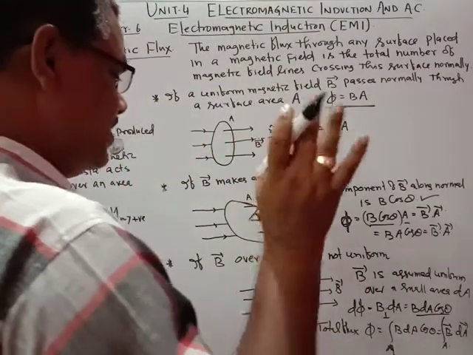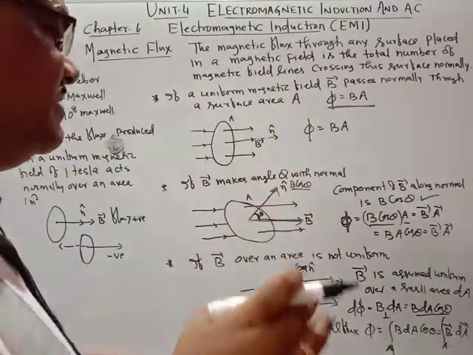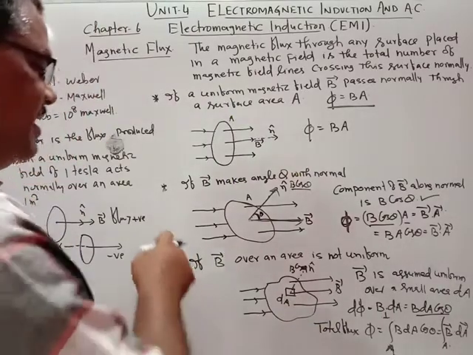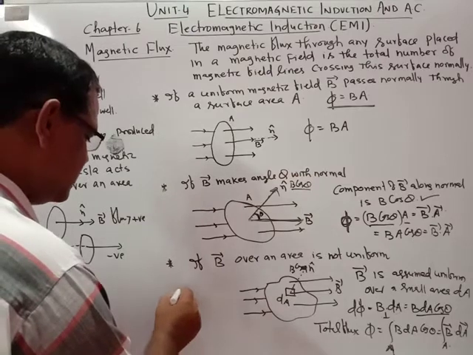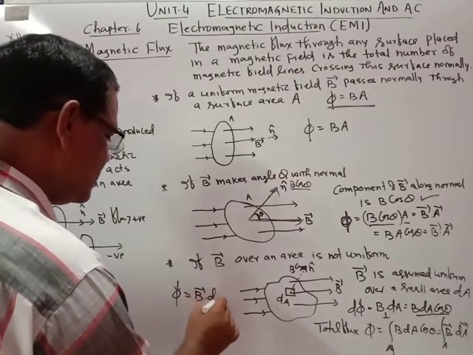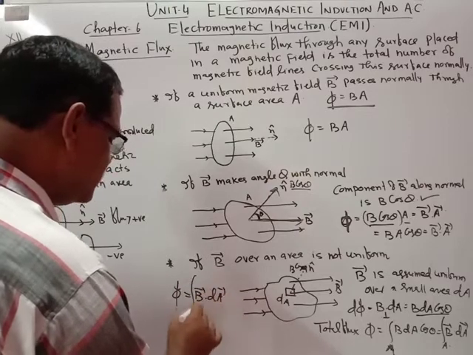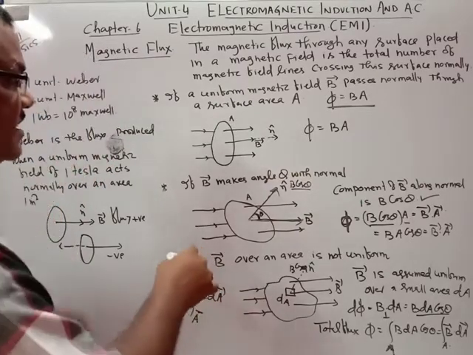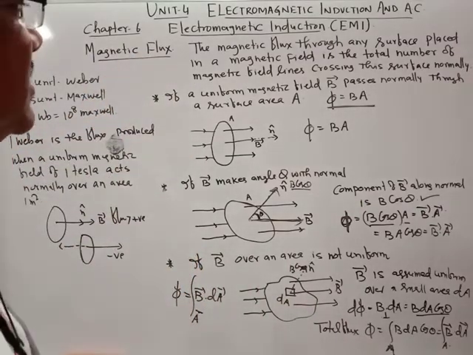If the B is not uniform over the area, simply you can take the integration, and finally you are finding phi equal to the integration of B vector dot dA vector over the complete area. So this is all about the magnetic flux linked to the surface area.